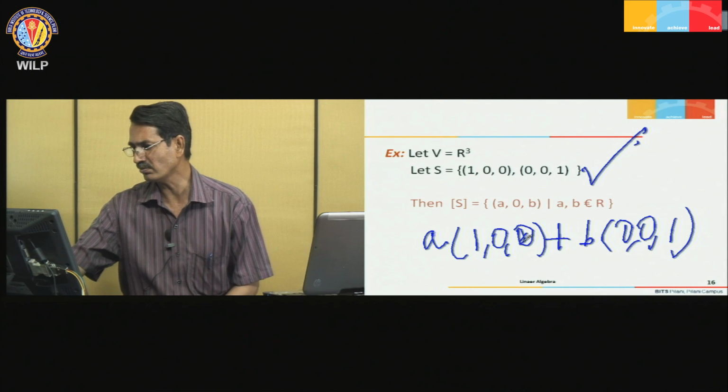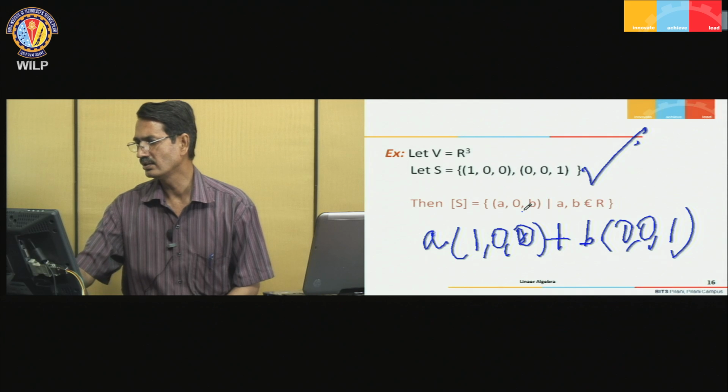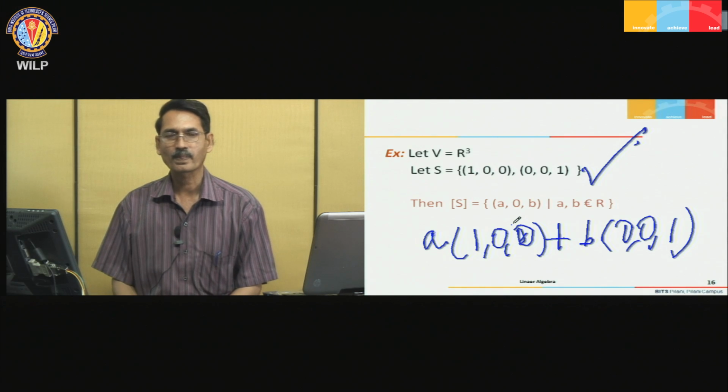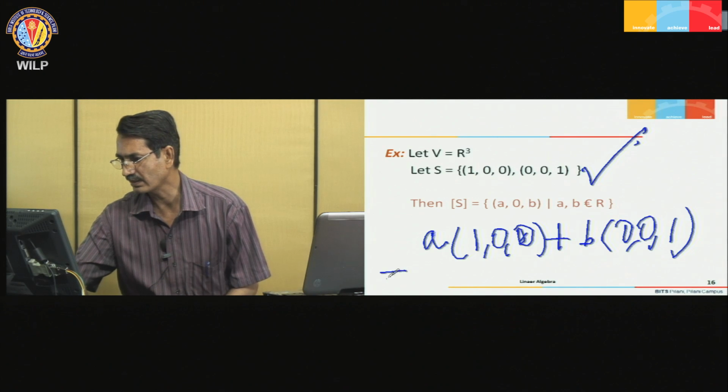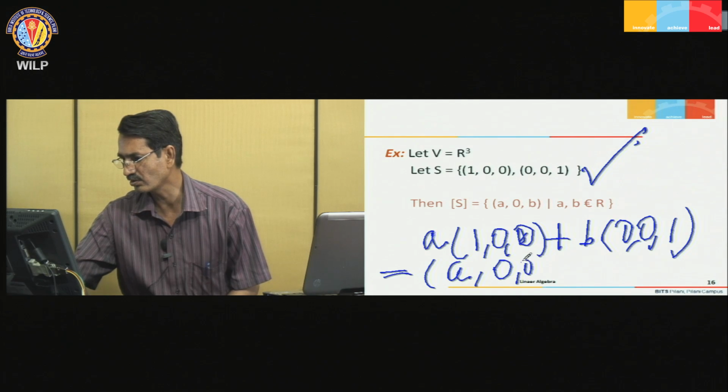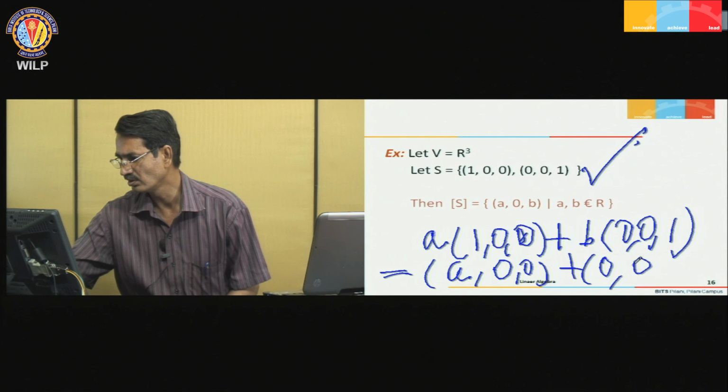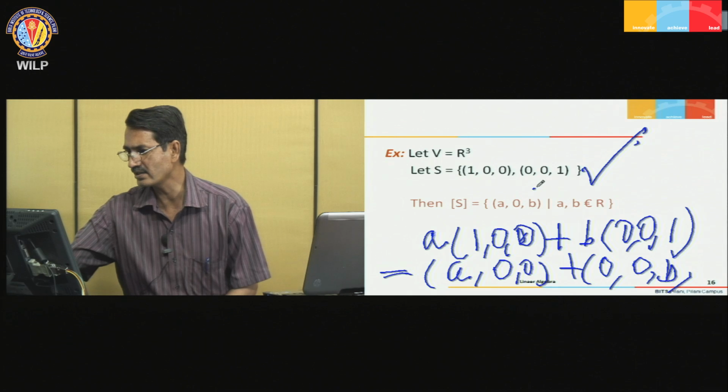And if you add, you are going to get (a, 0, b). In fact, this is (a, 0, 0) plus (0, 0, b), and if you add, you get (a, 0, b).